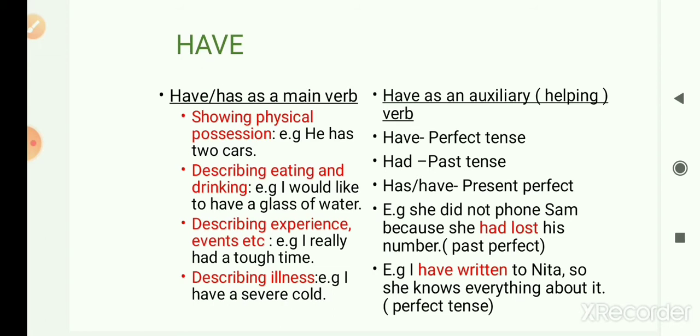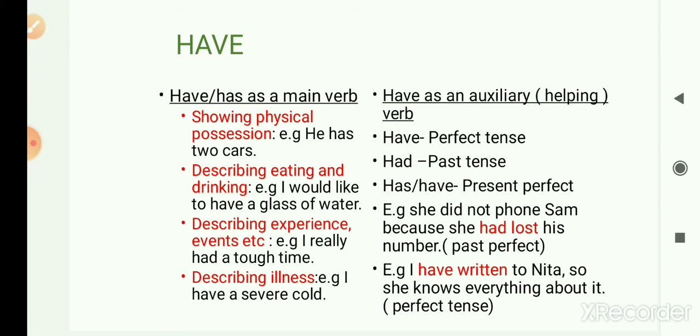Describing experiences, events, programs, etc. Example: I had a tough time last night. I missed my bus. I had a good time, and so on. Describing illness: I have a cold. She has a fever. I have a severe headache, and so on.